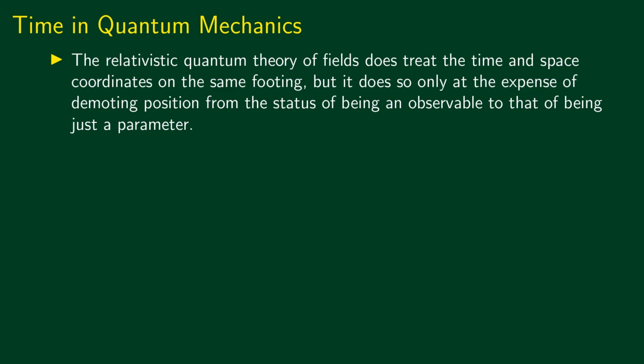Because it is constructed to be a relativistic theory, in quantum field theory you will treat space and time on equal footing. But for that, we don't make time an operator. Instead, we make position also a parameter. So in quantum field theory, position and time are treated as parameters. But in what we are going to learn, time is just a parameter.